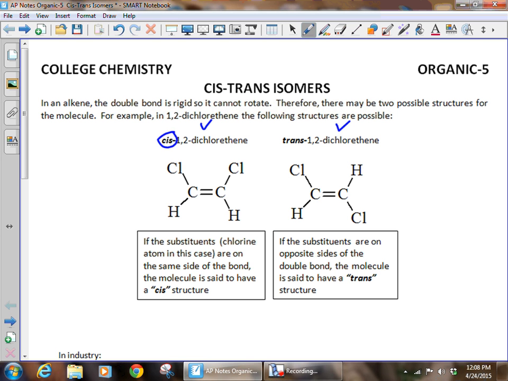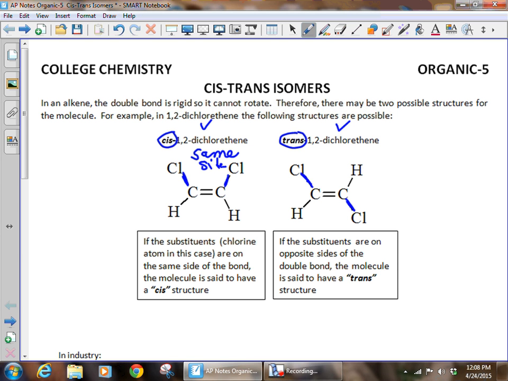This cis prefix and this trans prefix are the ones we use to show what's happening to the parts of the molecule that are not hydrogens. The hydrogens don't count, so we're just looking at where the chlorines are. It's always what's in here other than hydrogen. Notice that on this side, the cis side, and I always used to remember it this way, same side.